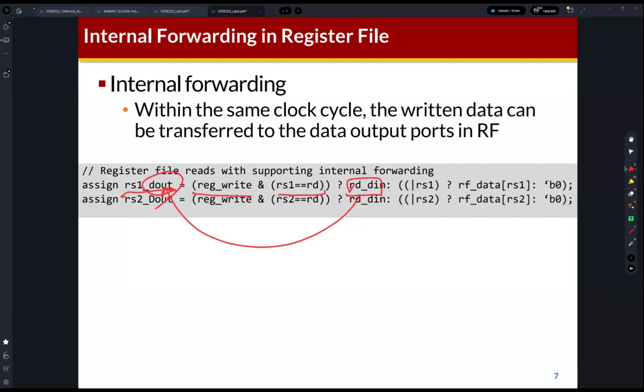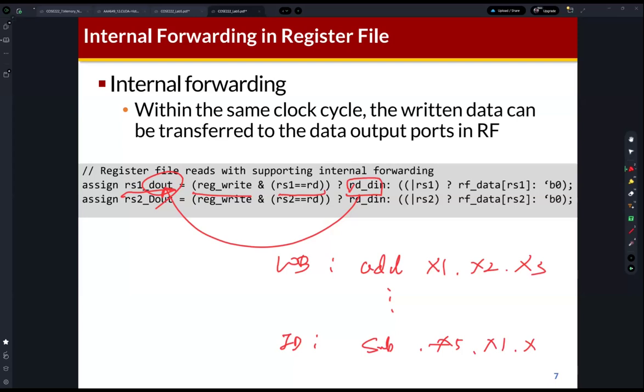Like add x1, x2, x3, which is in the write back stage, and then in the ID stage, another instruction, sub x5, x1, x4.